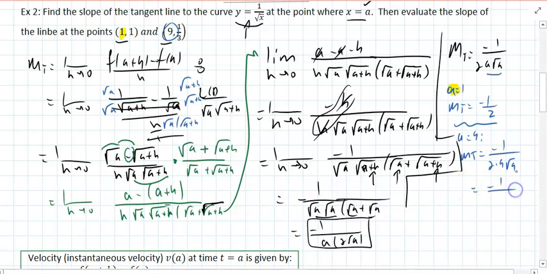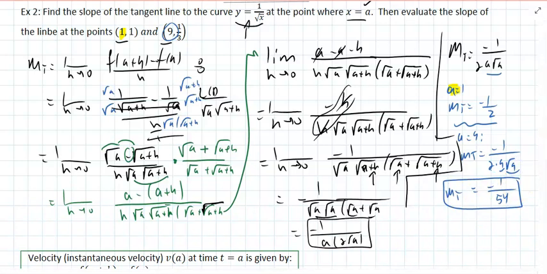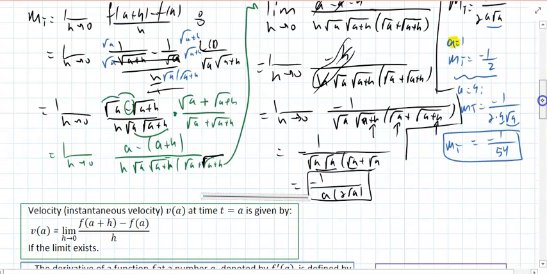That would be negative 1 over, that's a 3. 3 times 9 is 27, times 2 is 54. So if I had to evaluate the slope of the tangent at multiple points, it would be a lot more beneficial for me to find the slope of the tangent in terms of the general a and replace a by values.